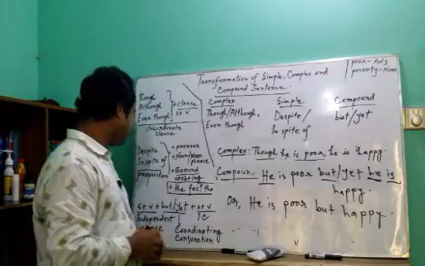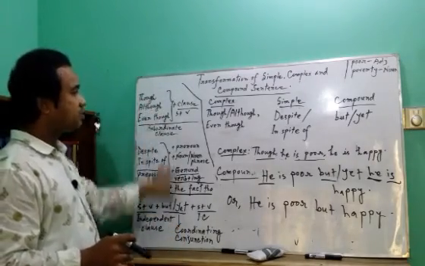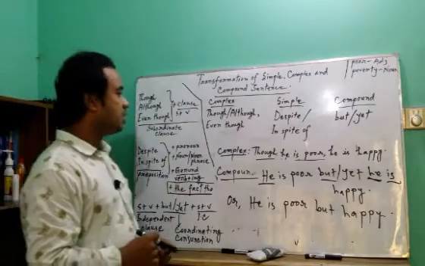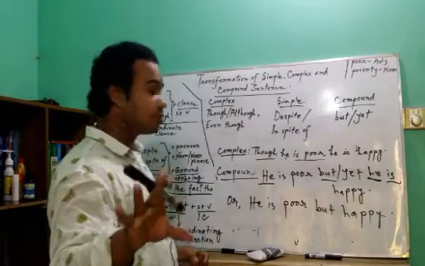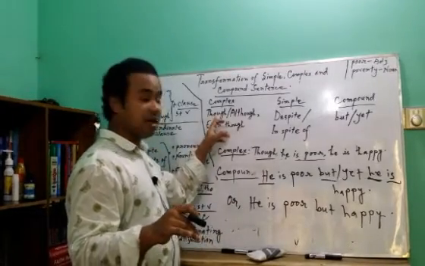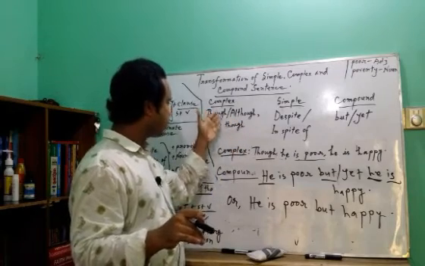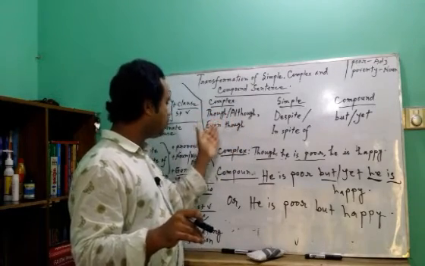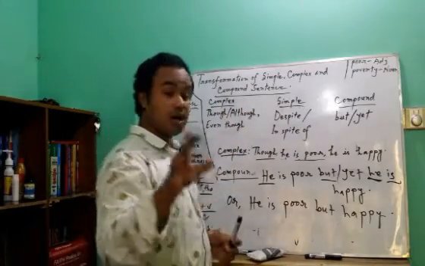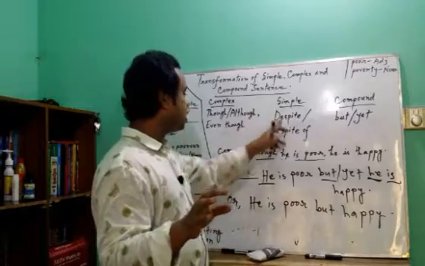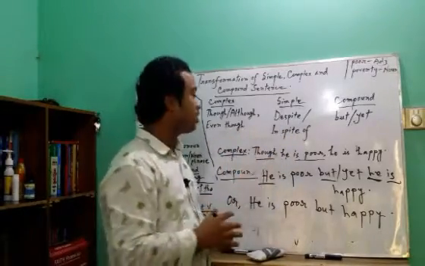You have to remember these formations. The complex sentence I've shown you today has though, although, or even though, and in place of though, although, and even though, to make the complex sentence simple, we are using despite or in spite of. We are using these interchangeably.